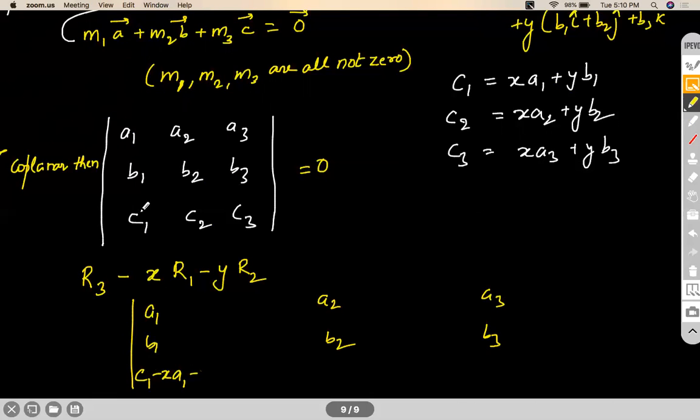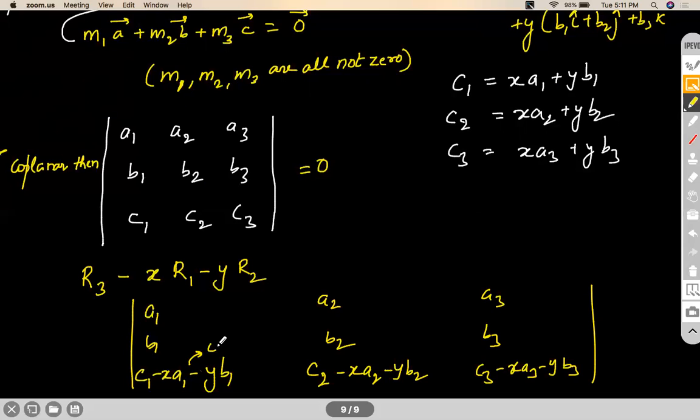Yeah, so you'll have C1 minus XA1 minus YB1, and here you'll have C2 minus XA2 minus YB2, and here you'll have C3 minus XA3 minus YB3. And what is the value of C1 minus XA1 minus YB1? They're 0. So this guy will be a 0, this guy will be a 0, this guy will be a 0. As a result, the whole row number 3 will vanish. And as a result, this is going to be 0.